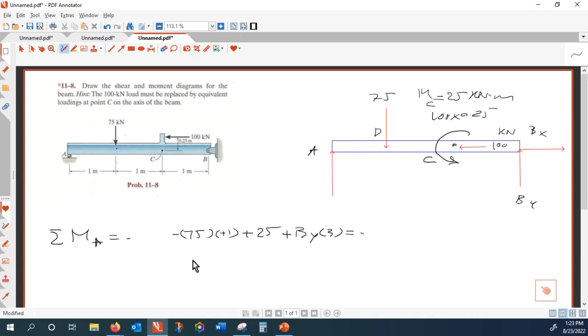So from here, I get B of y is equal to 75, take away 25, that is 50, divided by 3.